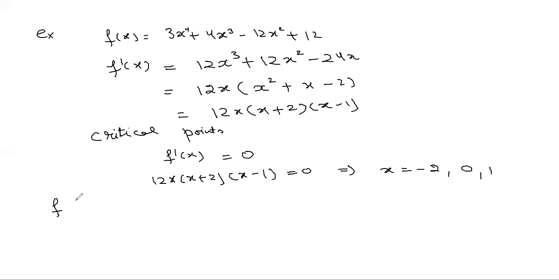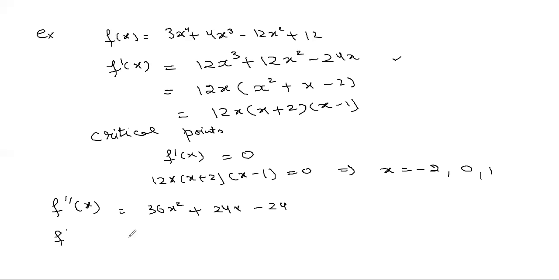Now instead of applying the first derivative test, let's use the second derivative test, because testing it according to the first derivative test looks a little complicated. Finding the second derivative of the function, I get 36x square plus 24x minus 24. Let's find the value of the second derivative at each of the critical points.